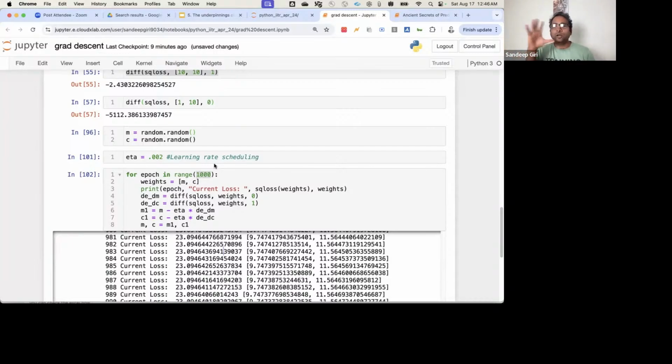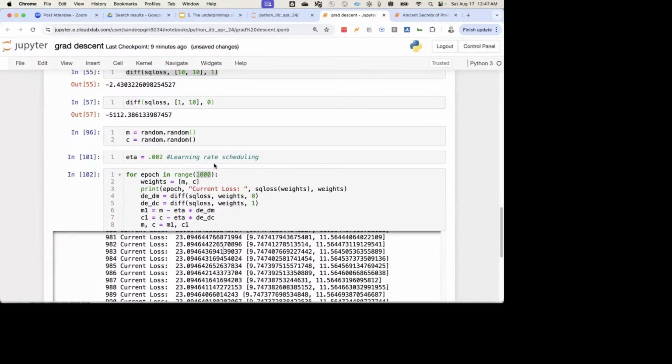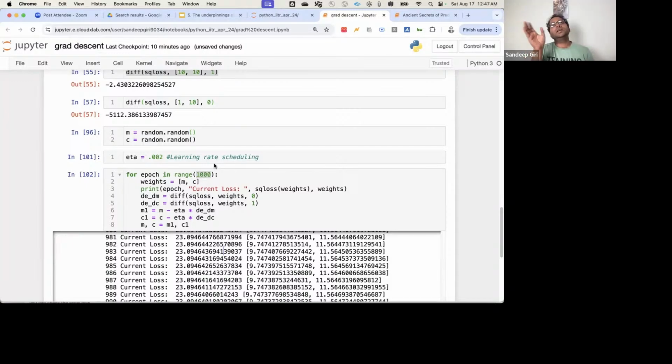I hope the keywords are not confusing. Regression means predicting a value. Classification means predicting yes or no, or predicting a class of things, A or B or C. We'll talk about those later. Right now, we just focused on regression.